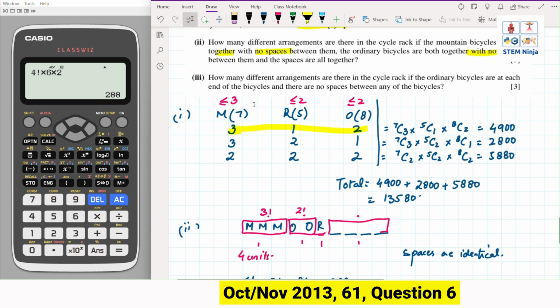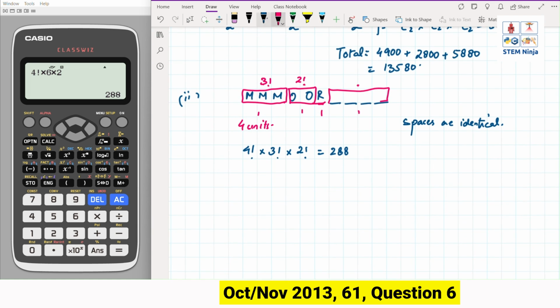Now, how many different arrangements are there in the cycle rack if the ordinary bicycles are each at the end of the bicycles and there are no spaces between any of the bicycles? Okay, so the same scenario, 3 to 1 basically, but ordinary bicycles are at the end.